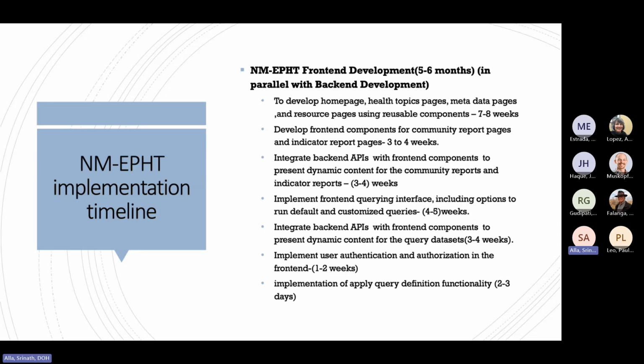instead of developing the components again, because most of the pages will be similar. These applications will also have health topic pages, where the information changes, but the basic idea of the websites is similar. And this application also has the community report pages, indicator report pages, and everything.